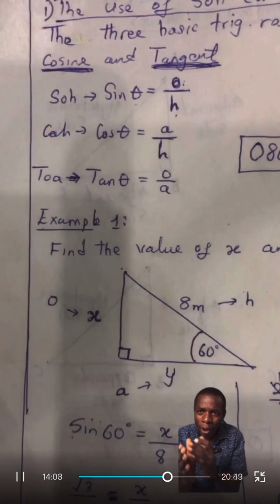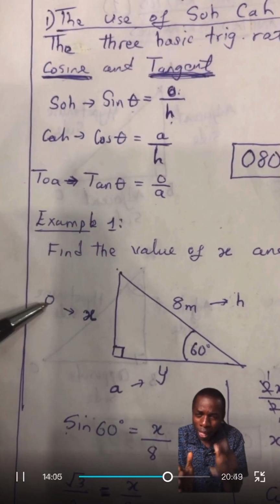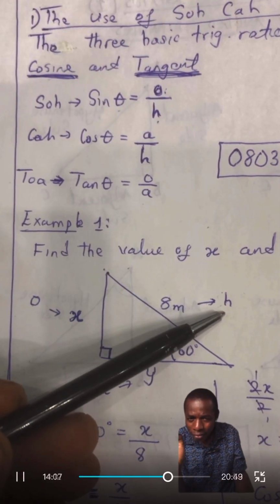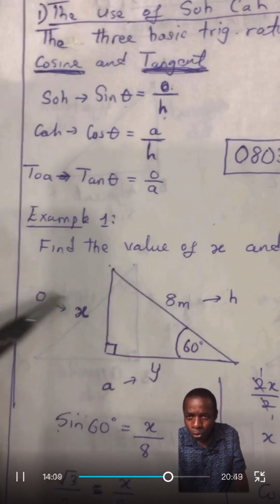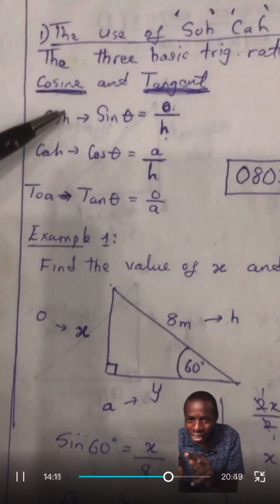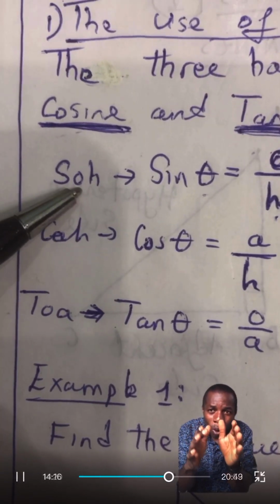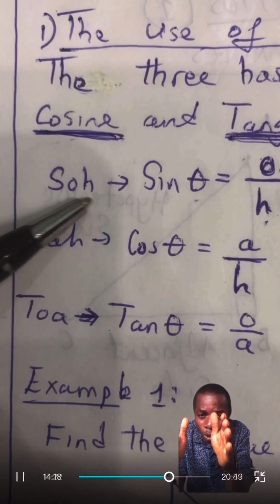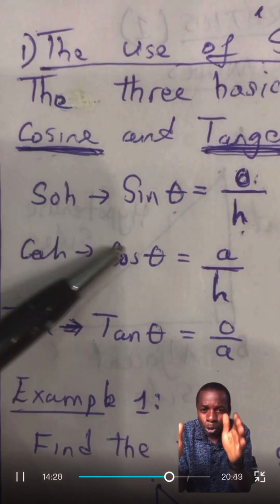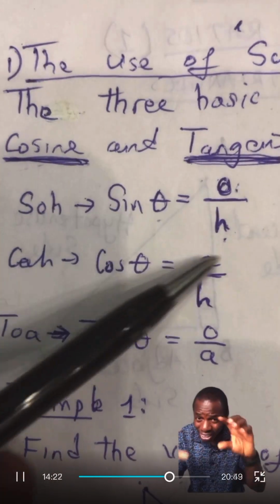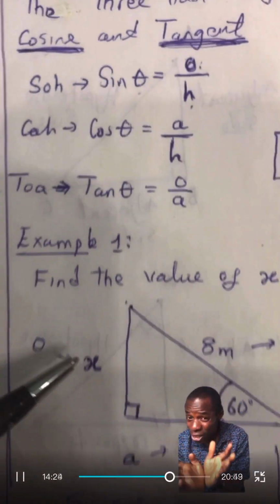To do that, we said x is the opposite, which is O, and the 8 meters is the hypotenuse, which is H. If you look at O and H, you can get that in SOH. So it is SOH that we are going to use to find x. That SOH means the arrangement.